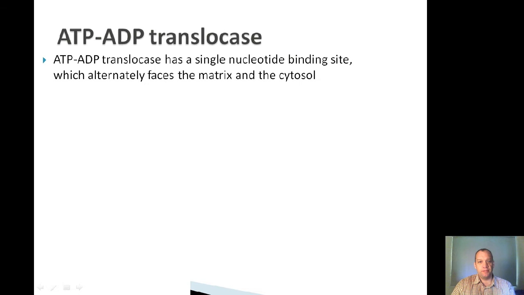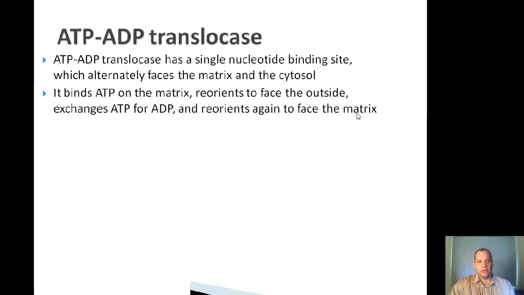The ATP-ADP translocase has a single nucleotide binding site, so it can only bind either an ATP or an ADP at a time. And that binding site alternately faces either the matrix side or the cytosol side. So it will bind an ATP on the matrix side.